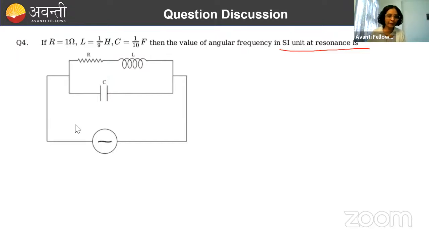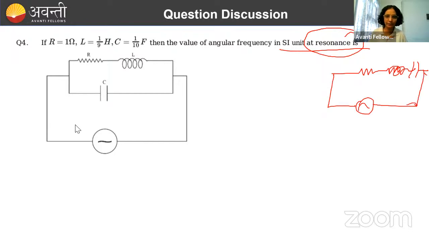So in this question, what we needed to calculate is the angular frequency in SI unit at resonance. We have studied resonance when our circuit was an LCR circuit and all were connected in series. Here the meaning of resonance was when I was going to be max.